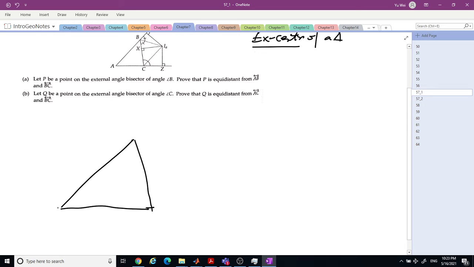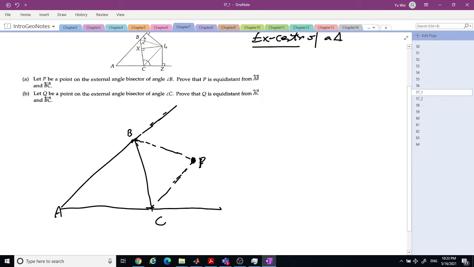So if we have a triangle ABC, like we did here, right? So the x-center is the intersection of the angle bisector of the exterior angles at B and C. Let's see, this is the B. Let's see, this is the P.